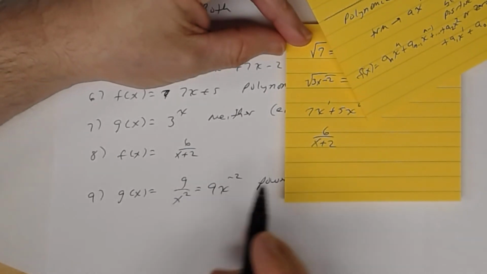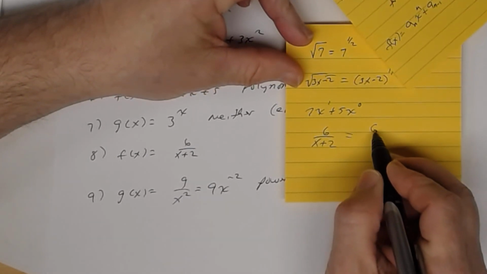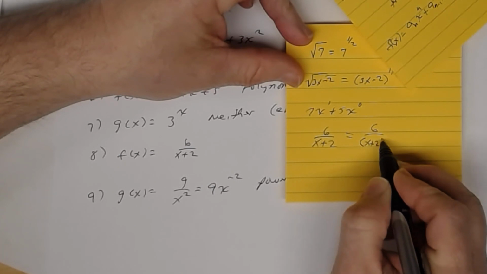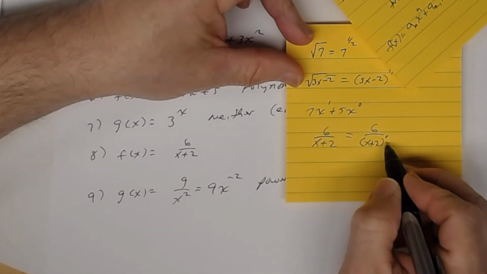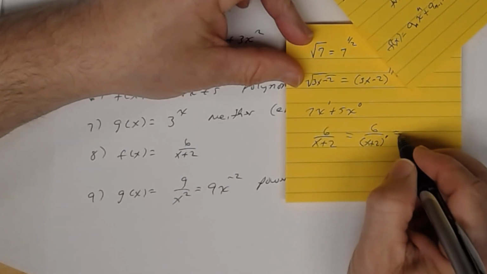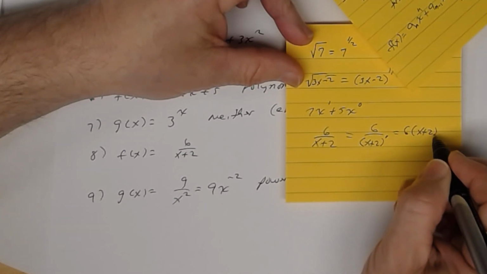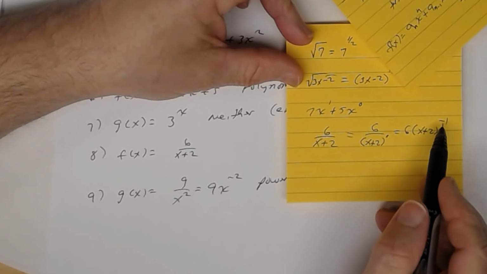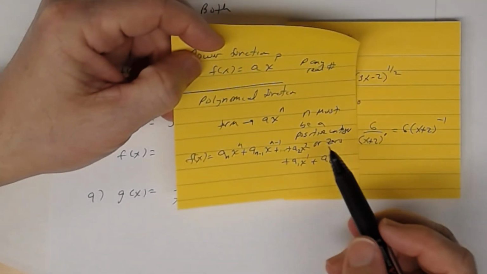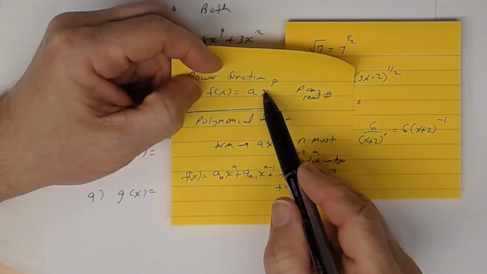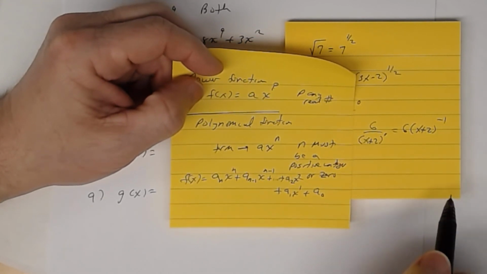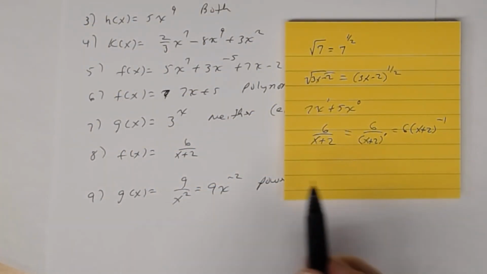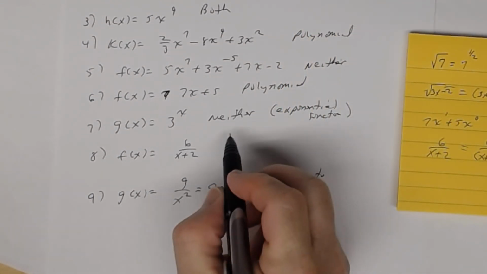So here, I can write this as 6 divided by x plus 2 to the first, right? Those are the same. And if I take this denominator and write it in the numerator, I get 6 times x plus 2 to the negative 1. All right. The problem, remember, is that this is not a power function because here my base is not just x, it's x plus 2. All right? Okay, so this one right here would be neither.